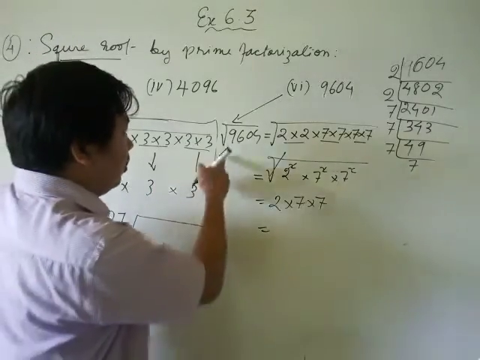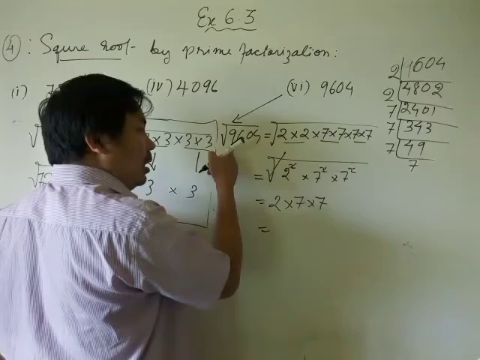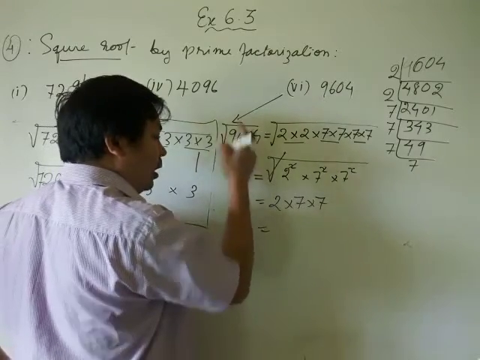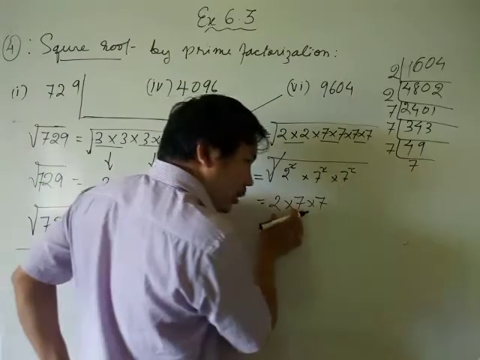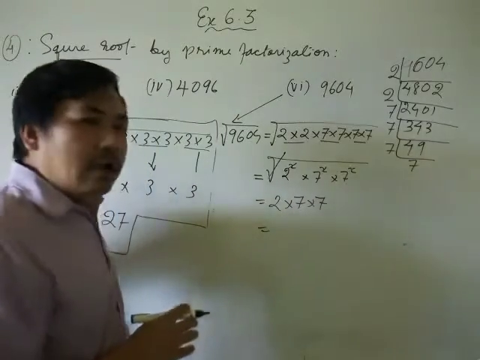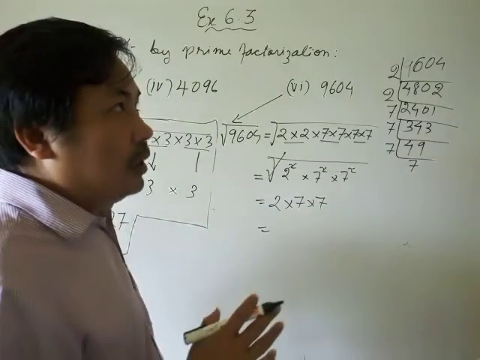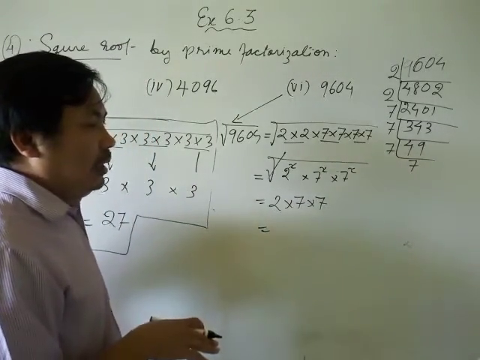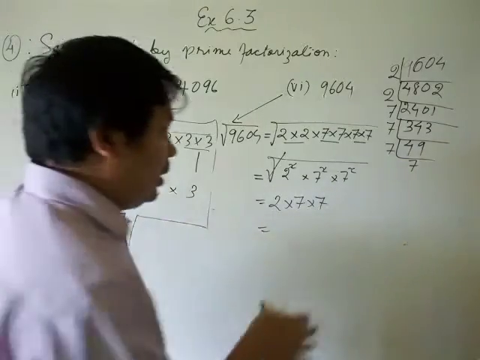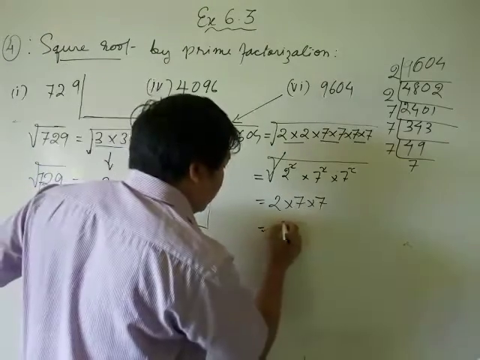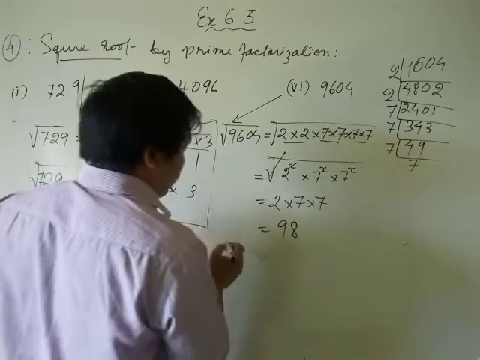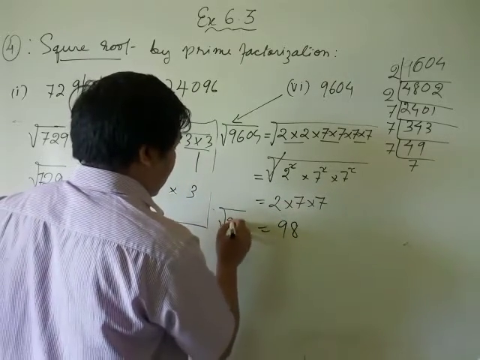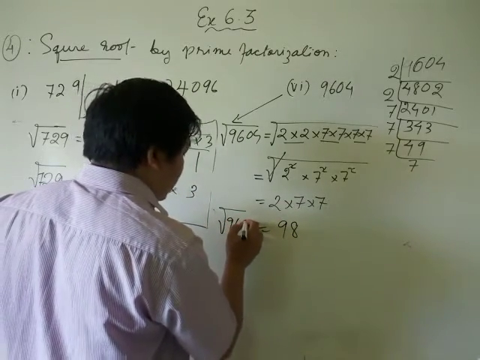So 7 sevens are 49, and 49 twos are 98. So 98 is the square root of 9,604.